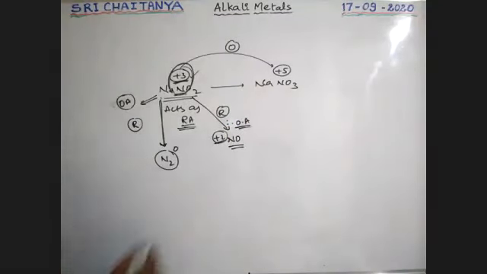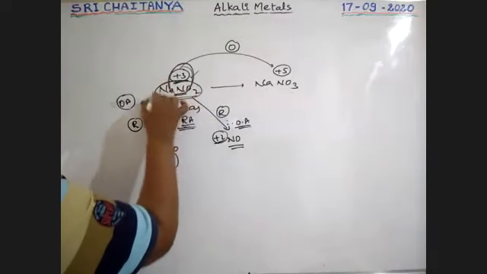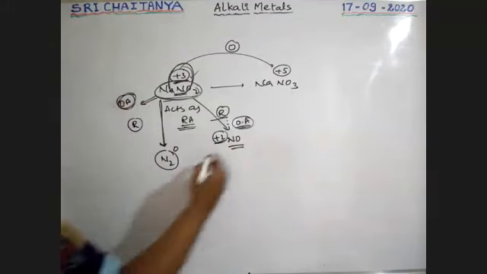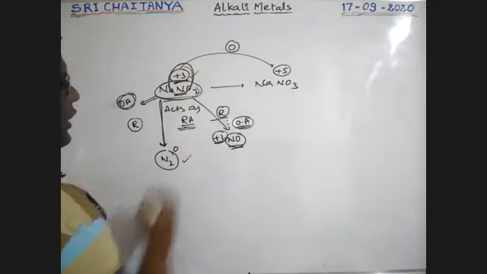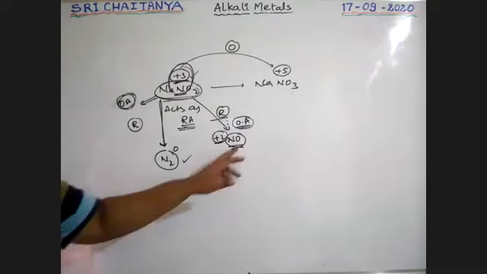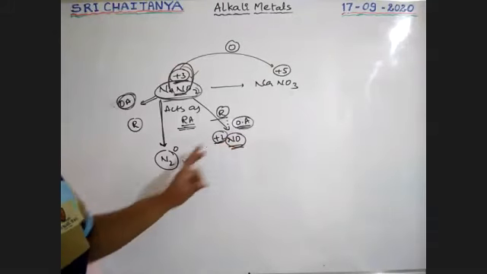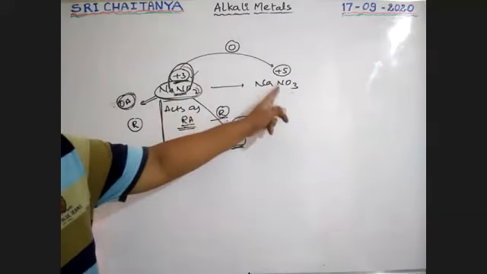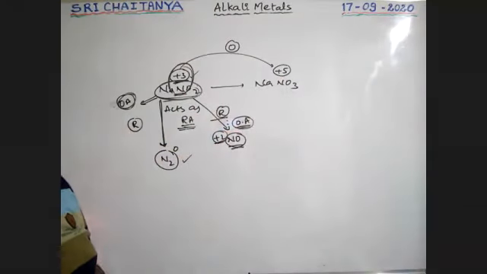Whenever NaNO2 acts as an oxidizing agent, one of the products must be either NO or N2. If it acts as a reducing agent, the product should be NaNO3.